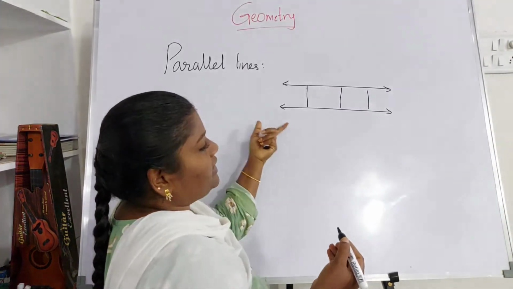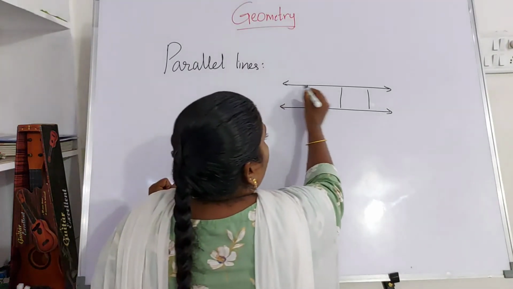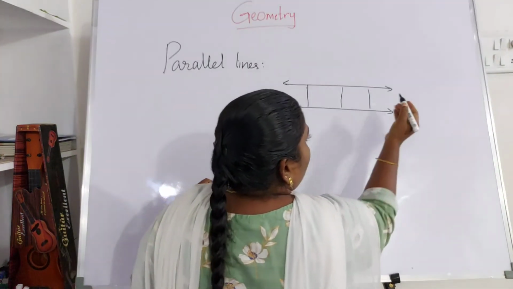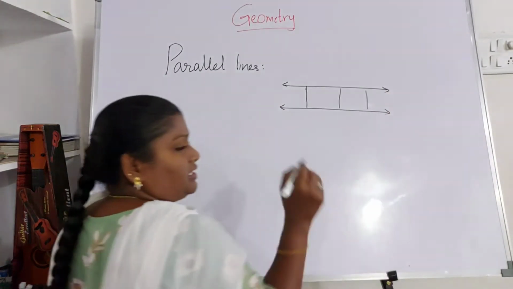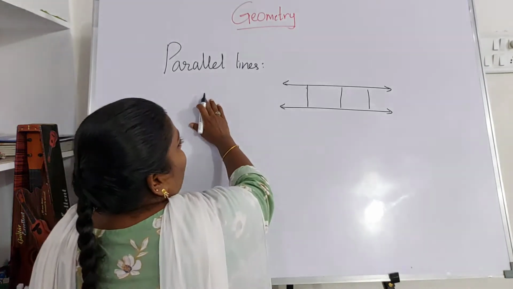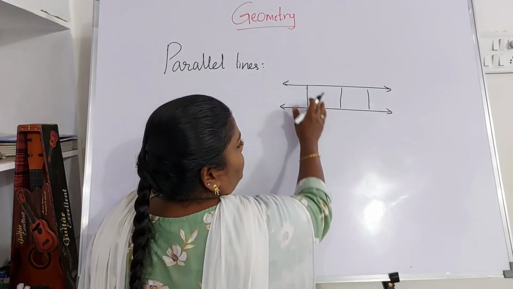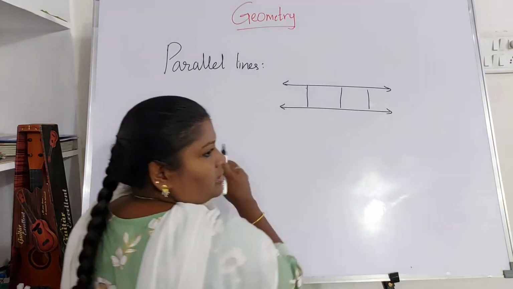So you can take an example of a railway track. These 2 lines, even though you extend them to a larger extent, are not going to meet. So parallel lines are not going to meet at any point. The distance between them will be the same.